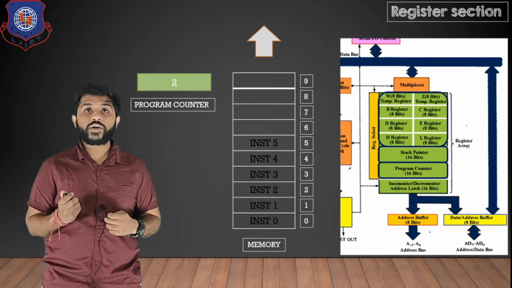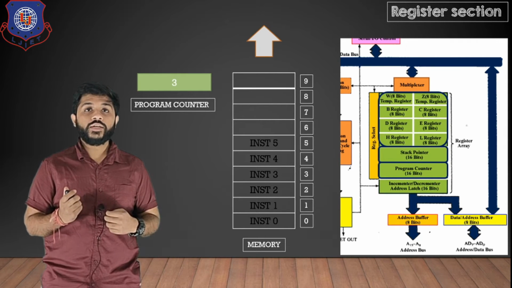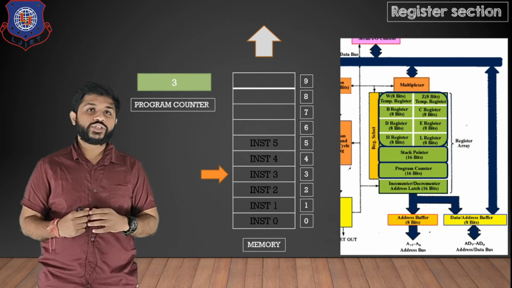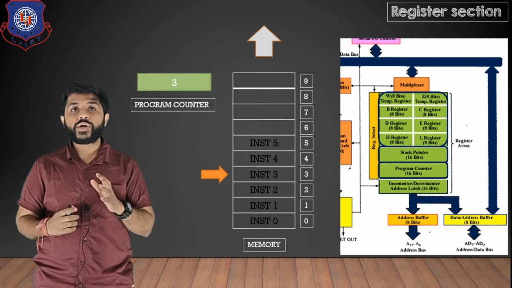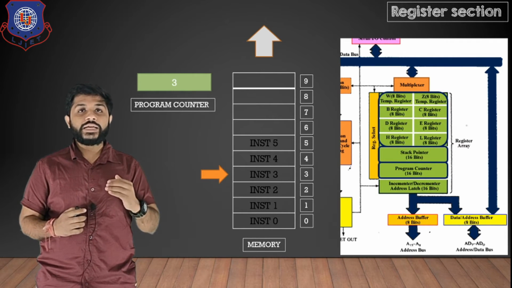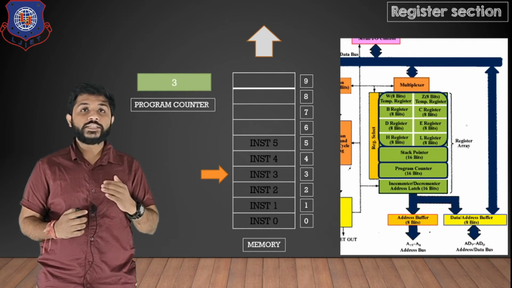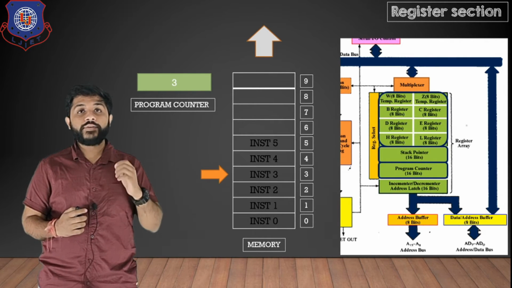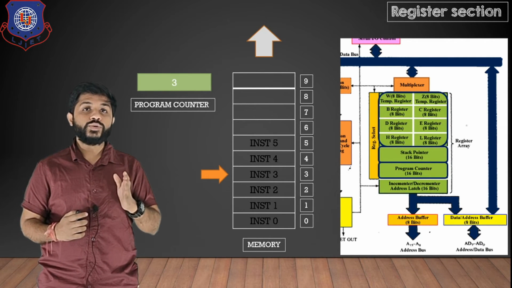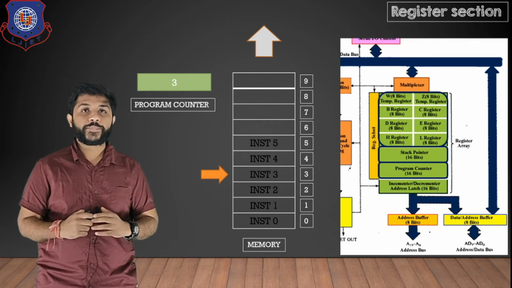Memory location 2. So every time after fetching an instruction, the value of the program counter will be incremented, so that the next time, the processor can know from which location it has to read the instruction.